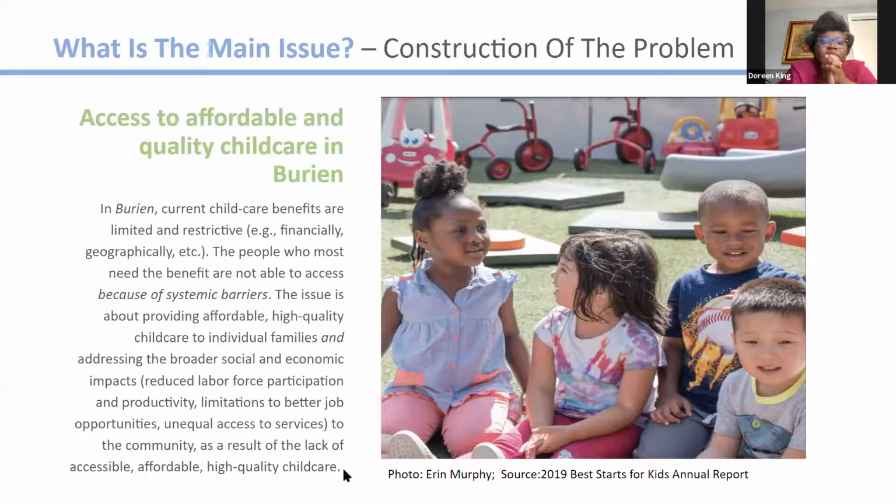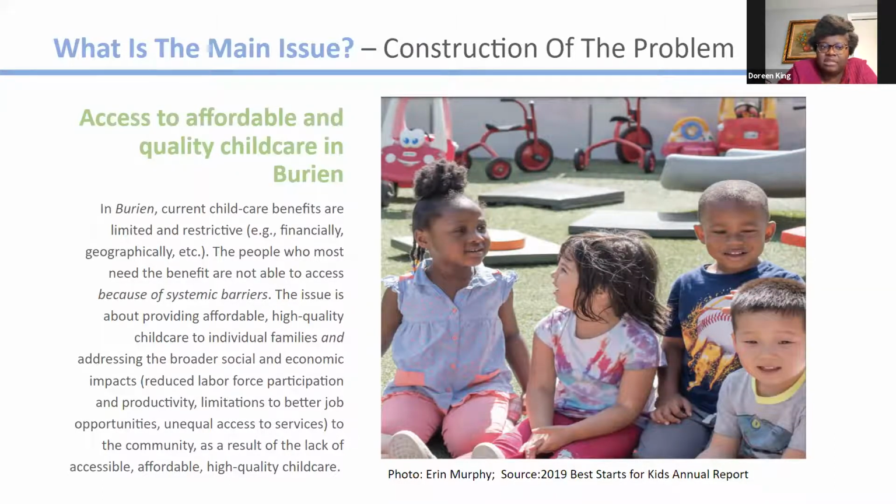So with time, our problem statement changed, it was refined, and we ultimately got to access to affordable and quality childcare in Burien. And with that, we took into consideration that childcare benefits are limited and restrictive, the systemic barriers that are in place that hinder people who most need these benefits, and the broader issues of social and economic impact on the communities because of this deficit.